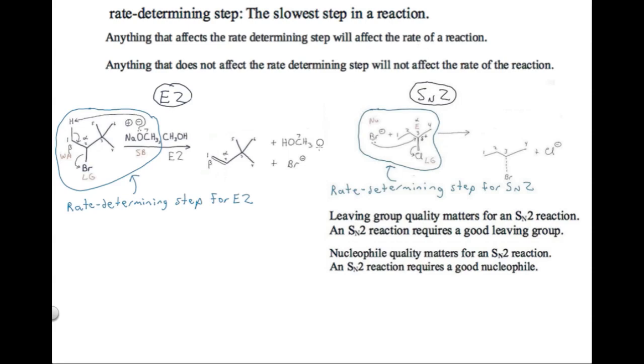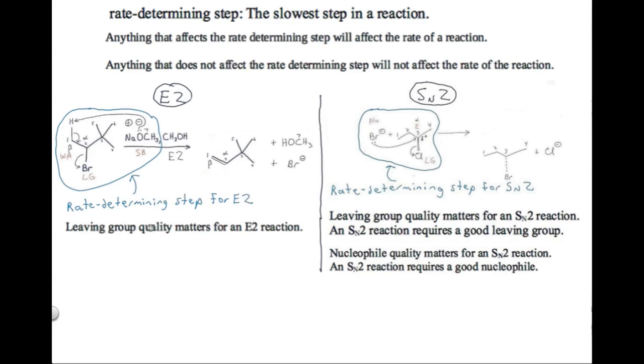So, question, does leaving group quality matter for an E2 reaction? What do you think? Here's the answer. Yes, leaving group quality matters for an E2 reaction. How would you justify this? The leaving group participates in the rate-determining step for E2.